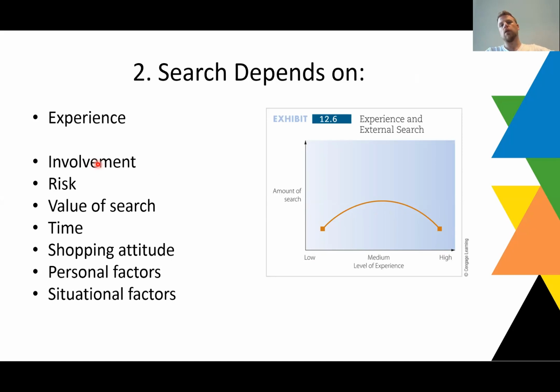Other things that are important, of course, are involvement. If we are involved in something, we're more likely to be interested in it. Risk drives it as well. Also, what we said in the beginning, if I don't see the value of doing something, I might not do it. So the value of the search might be interesting as well.